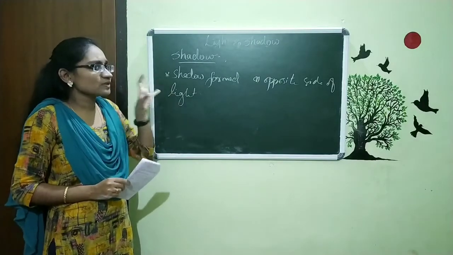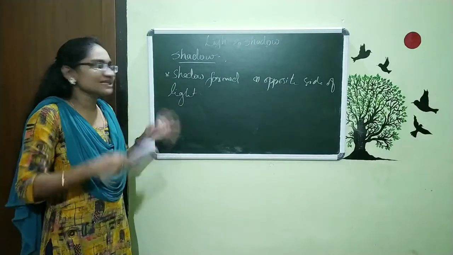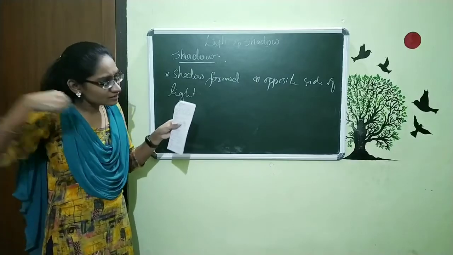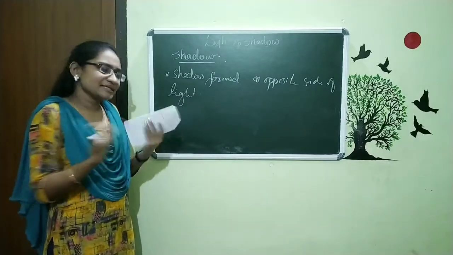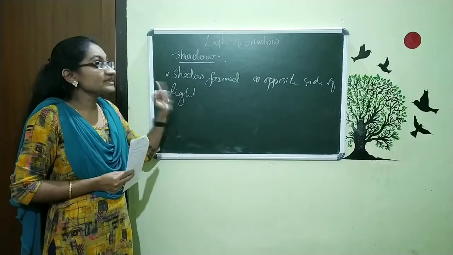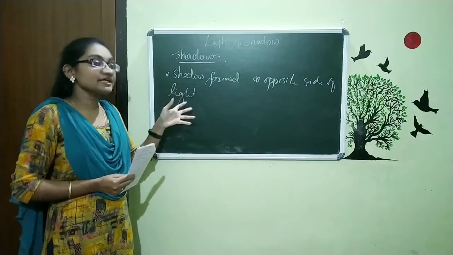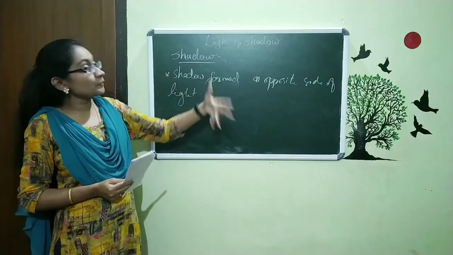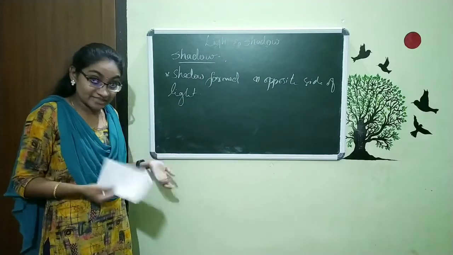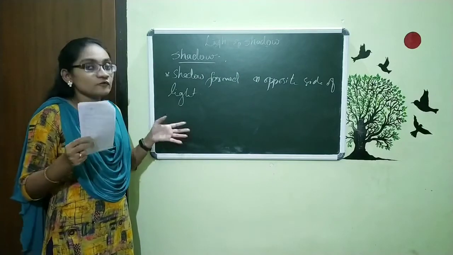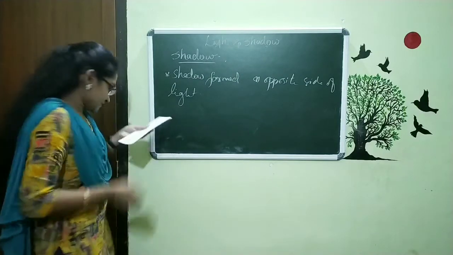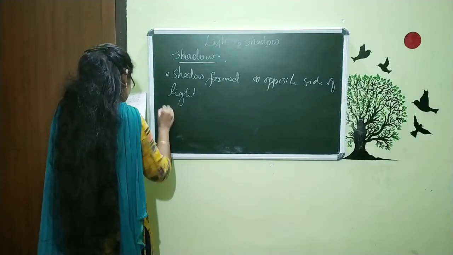And the angle or the direction of the shadow gets different by changing the direction of light. So one of the characteristics is this: generally we say that shadow is formed on the opposite side of light. It always forms on the opposite side of light. That is one feature. And the next one is this.